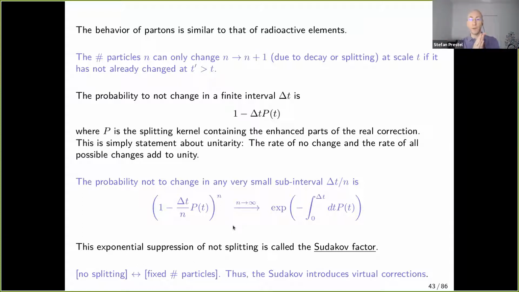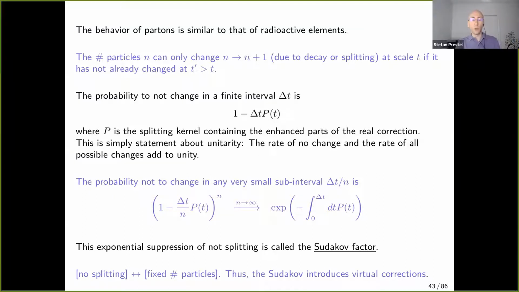And if n approaches infinity, so you have infinitely small intervals, this will produce an exponential suppression: within the scale from 0 to delta t, not having an emission, or not having a decay, is exponentially suppressed. This exponential suppression for no splitting is, in the speak of high energy physics, called a Sudakov form factor.